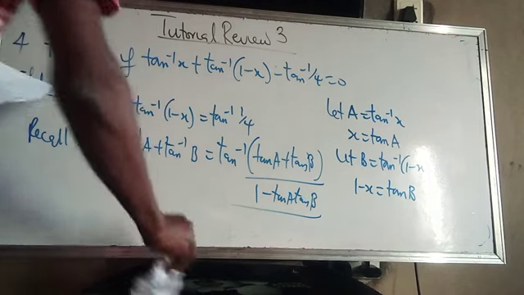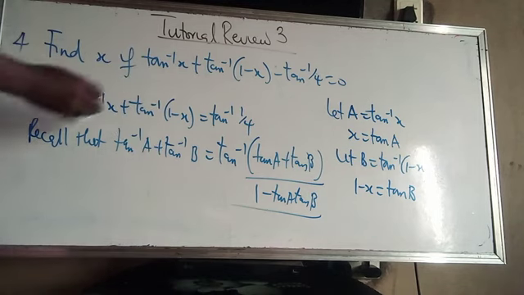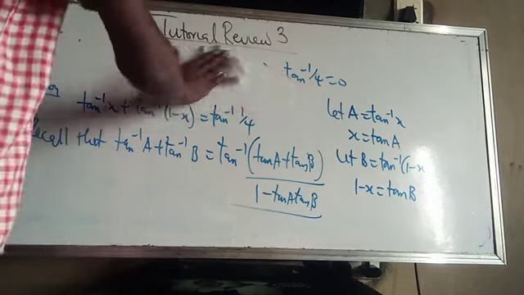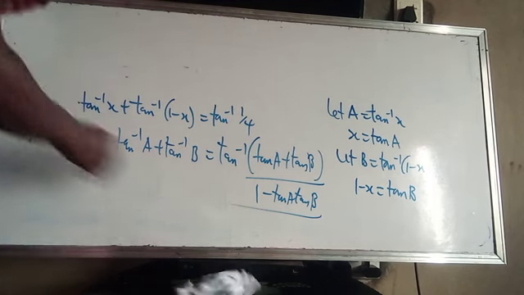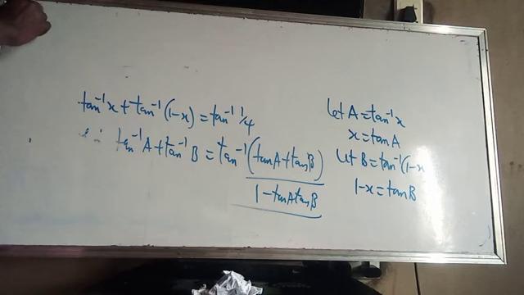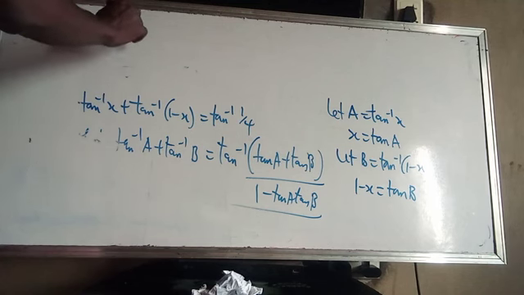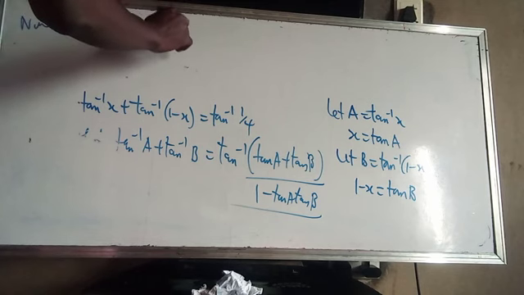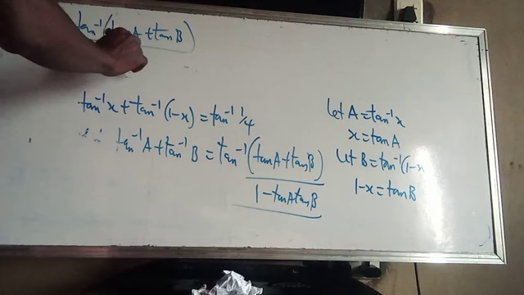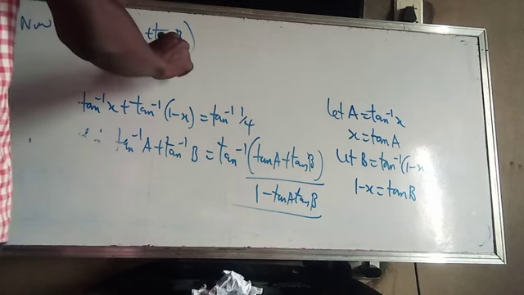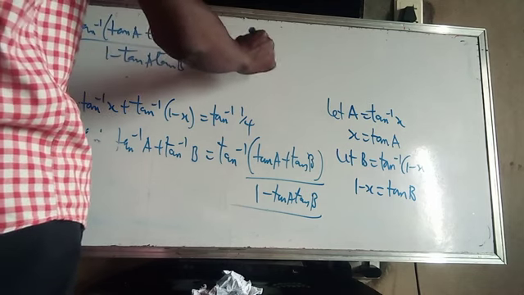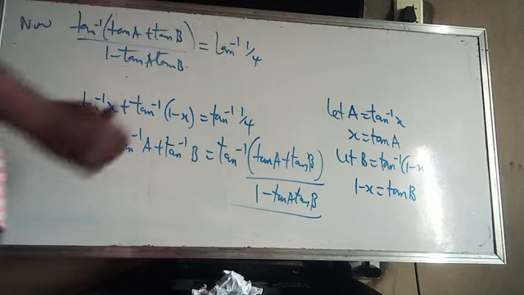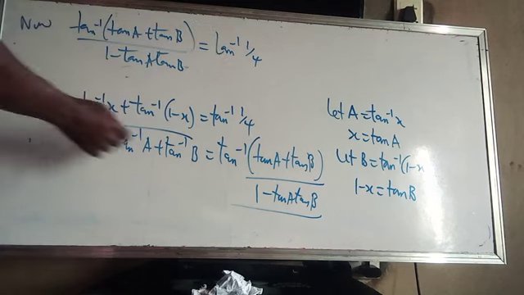So from this formula, tan inverse of (tan A plus tan B) all over (1 minus tan A tan B) will be equal to tan inverse of 1 over 4, because we have expressed these two as this.